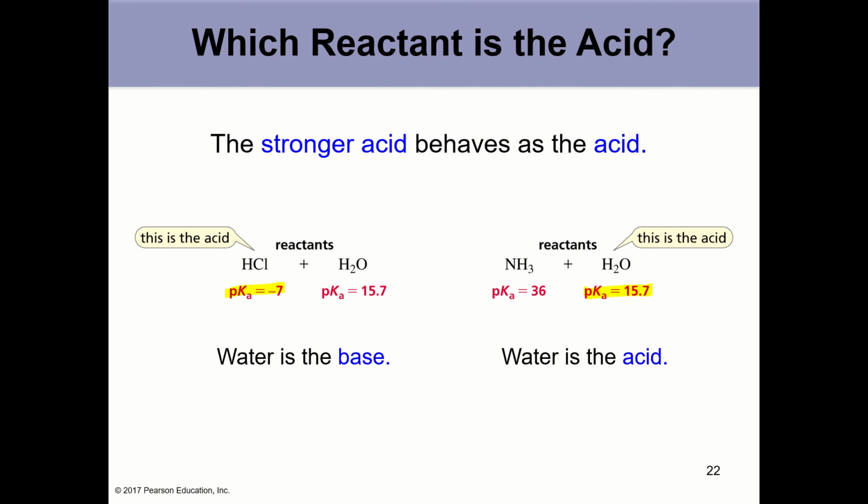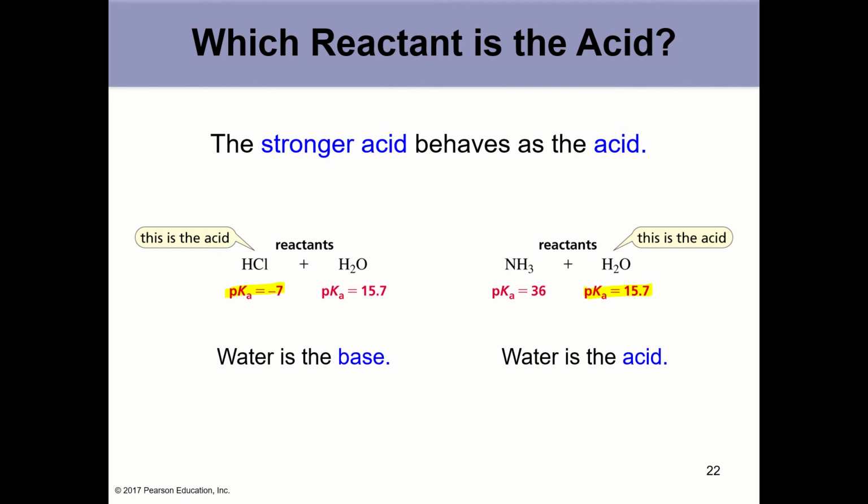Because the lower the pKa, the weaker the bond to hydrogen, and the more likely that bond will break. The higher the pKa, the stronger the bond to hydrogen, and the less likely that bond will break.